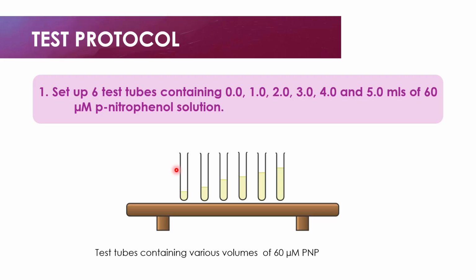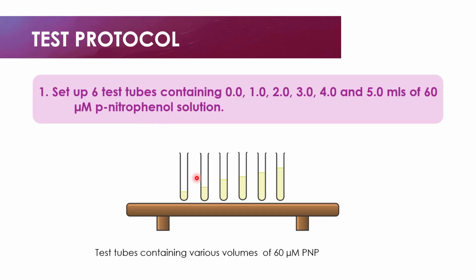Now let us see the test protocol. The first step is to set up 6 test tubes containing 0.0, 1.0, 2.0, 3.0, 4.0, and 5.0 mL of 60 micromolar p-nitrophenol solution.